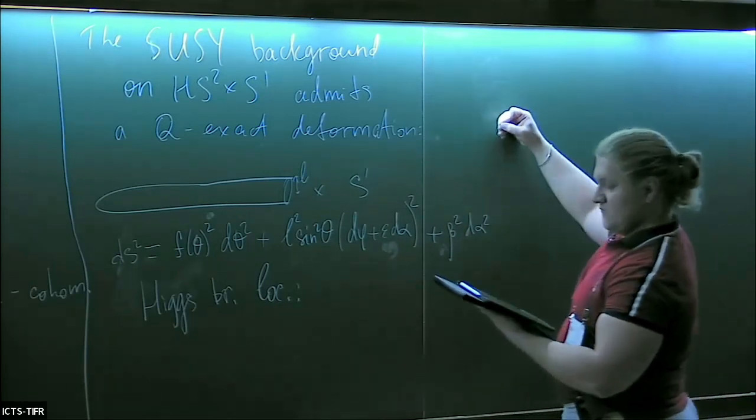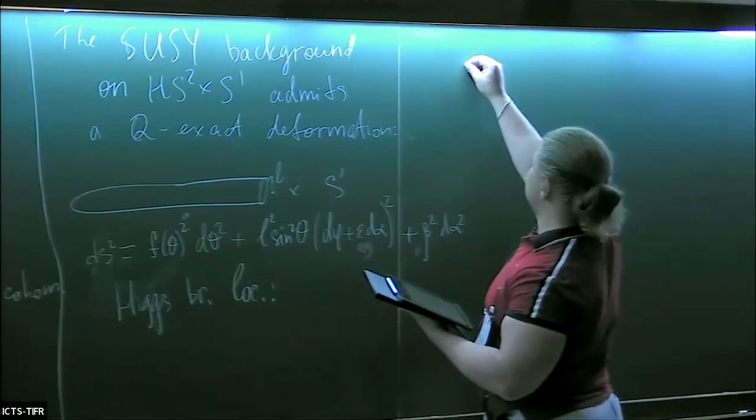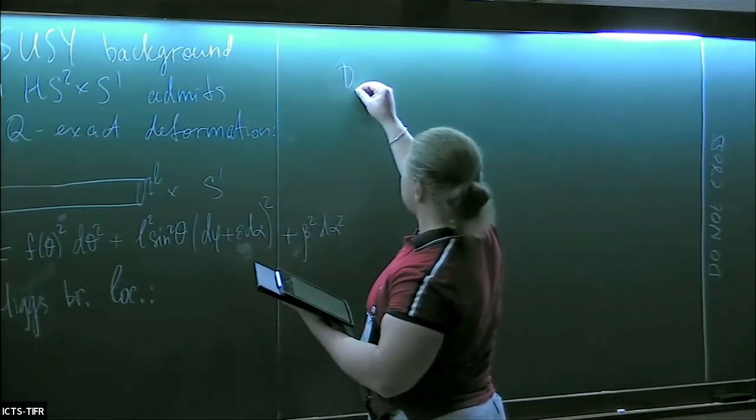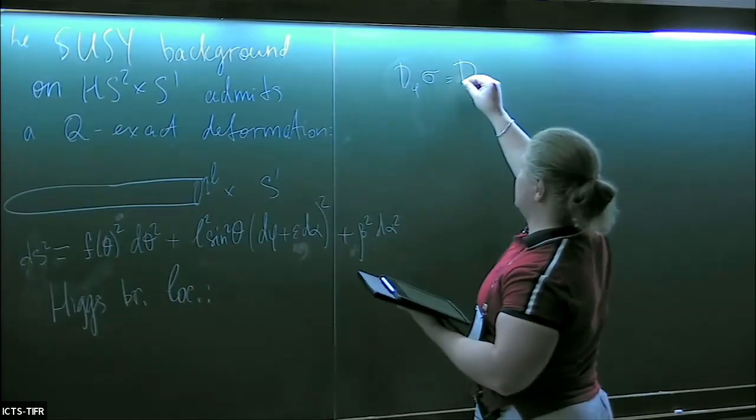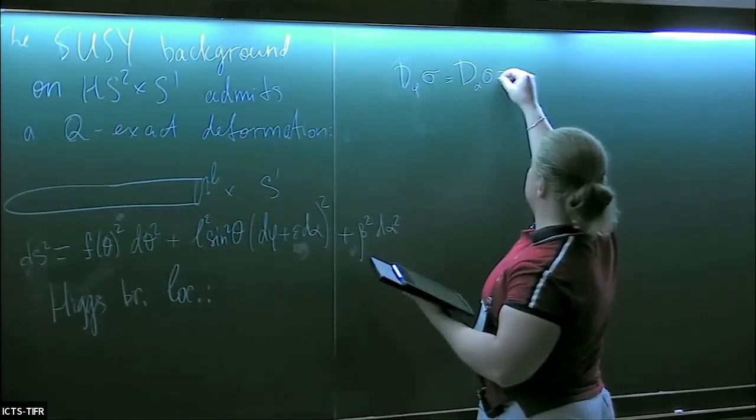so sigma is the real scalar in the vector multiplet.